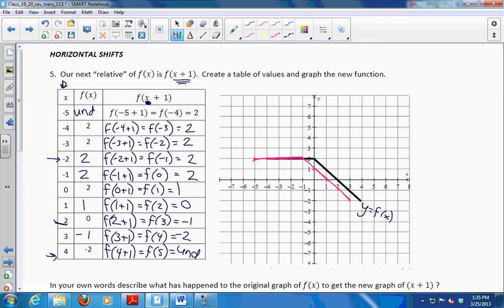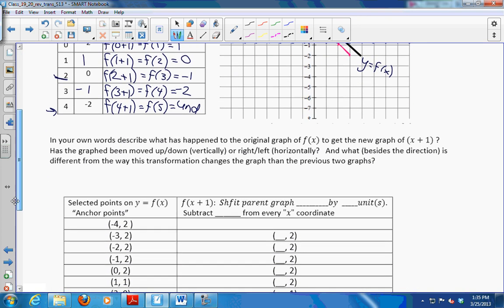Because if you're going to add 1 to your input, that means you can make your x value 1 smaller than you could before and still have the function be defined. So if you can make x smaller, you're moving the graph to the left. To describe what happened to the original graph of f to get this new relative, we shifted left 1 unit.